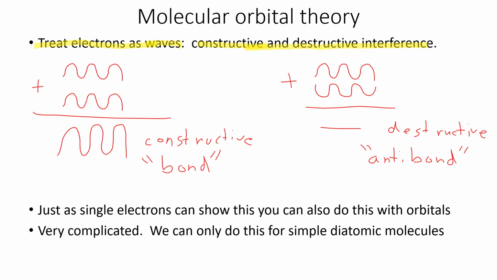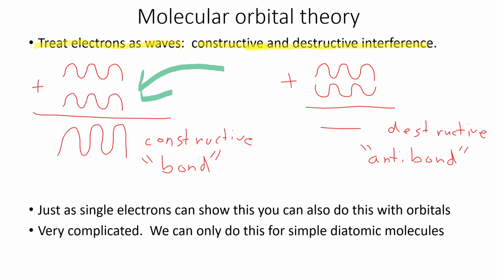On the left, we're going to look at two waves that are going to interfere constructively. These two waves on the left are in phase. That means all the peaks of one match up with the peaks of the other. The valleys of one match up with the valleys of the other, such that they're completely in phase.